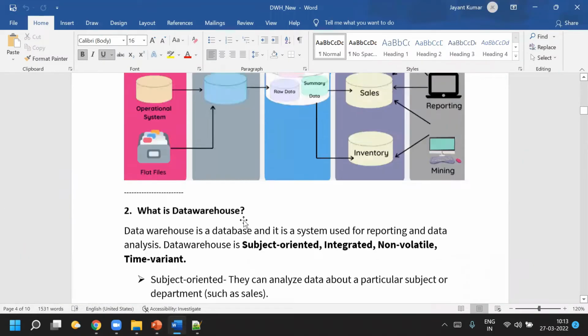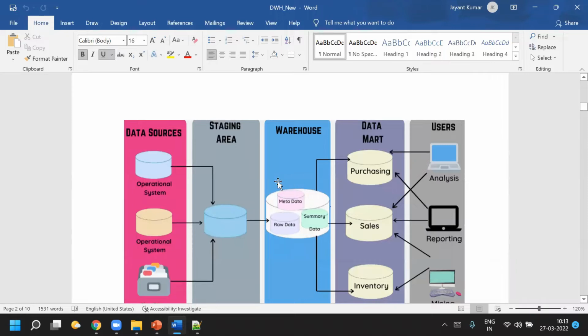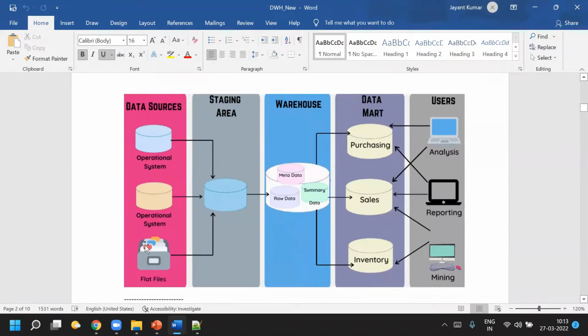Yesterday we discussed the architecture of the ETL process, how it works, and the data warehouse architecture, how in a company we will have a data warehouse and its architecture. Mostly it will be common, but if time permits we'll see different architectures also.